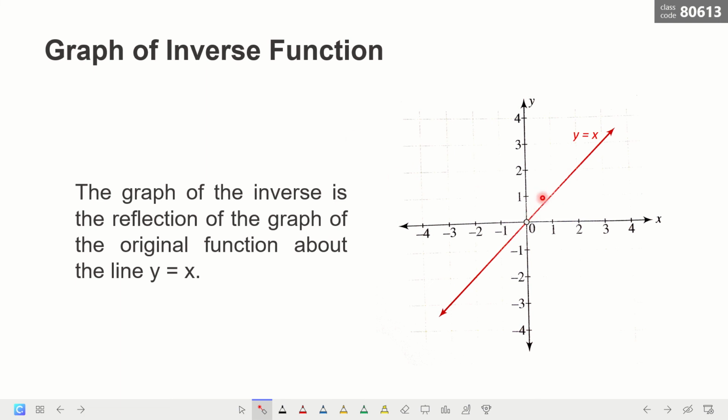So, makikita nyo, if y is equal to 0, x is equal to 0. If y is equal to 1, x is equal to 1, and so on. So, this is the line of symmetry for the graph of the inverse. So, dapat, ang graph of inverse is a reflection of the original function with respect to this line.